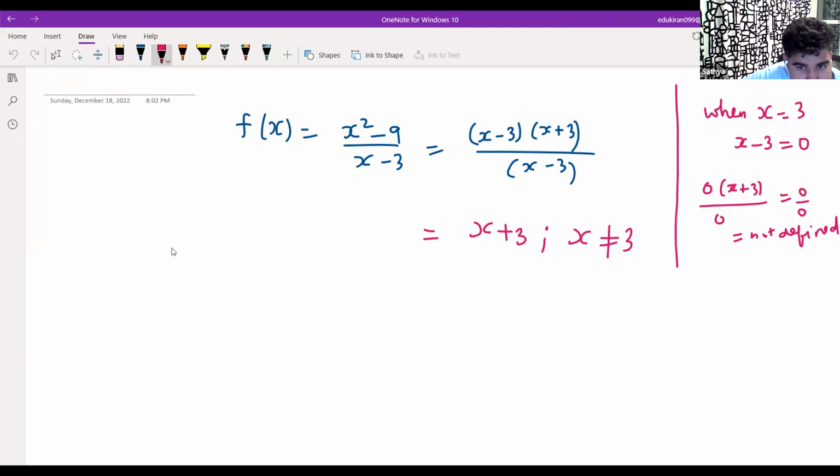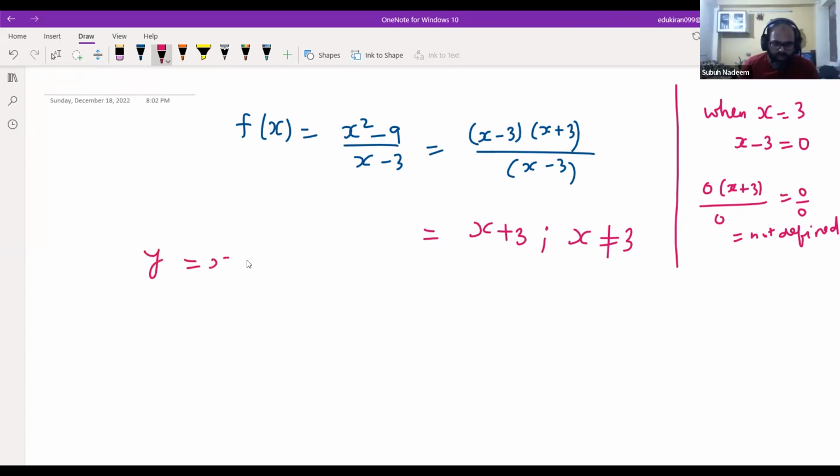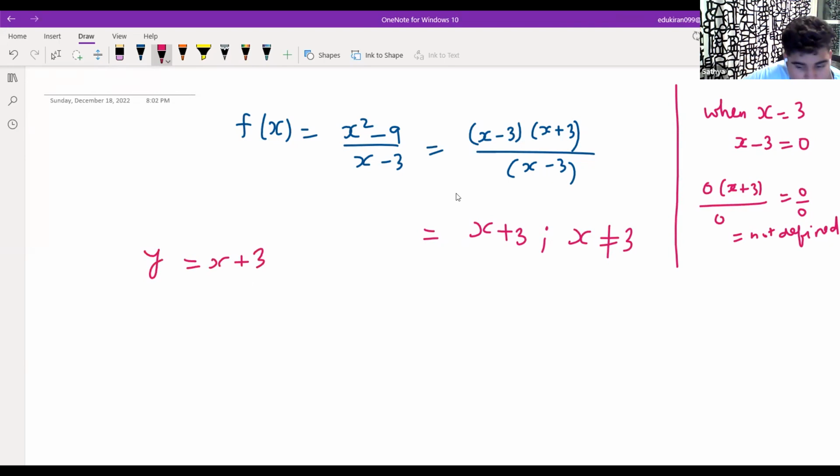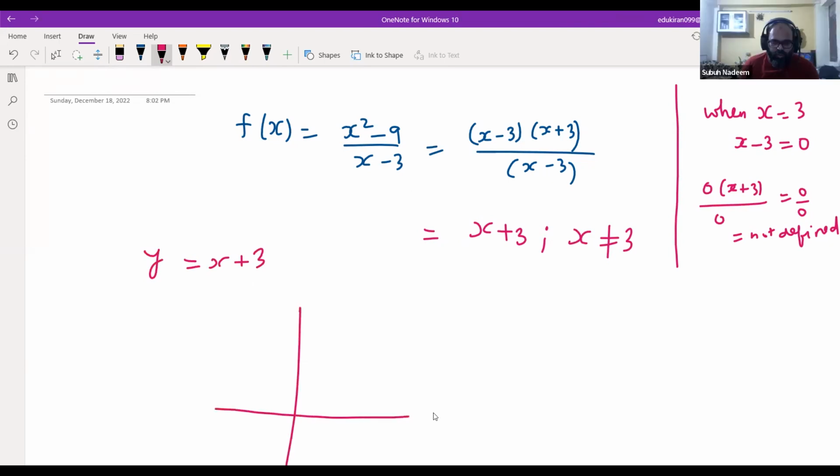Okay, so if you draw this graph, y is equal to x plus 3, this is not the same as y is equal to x plus 3, which is the question. So this graph is crossing through when x is 0, y is 3, and when y is 0, x is minus 3. So this graph goes like this. But at x equal to 3, there is a gap.